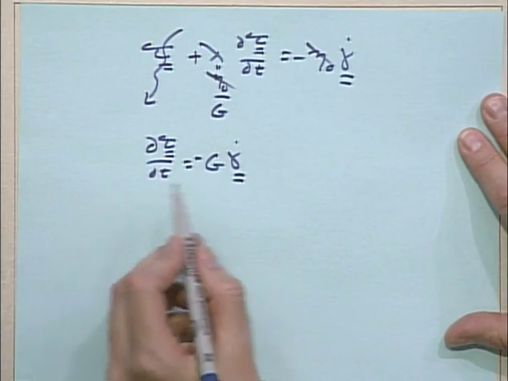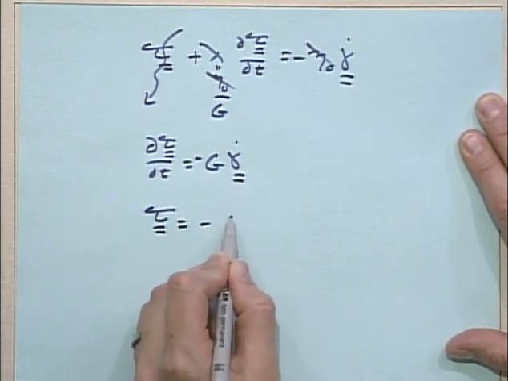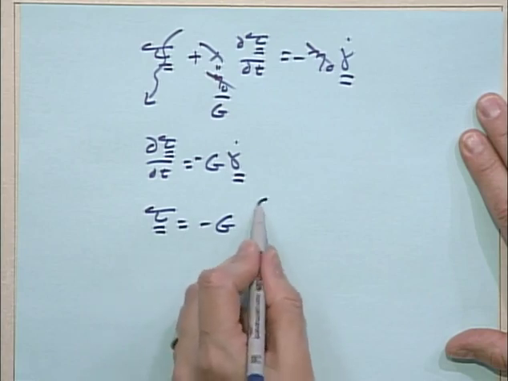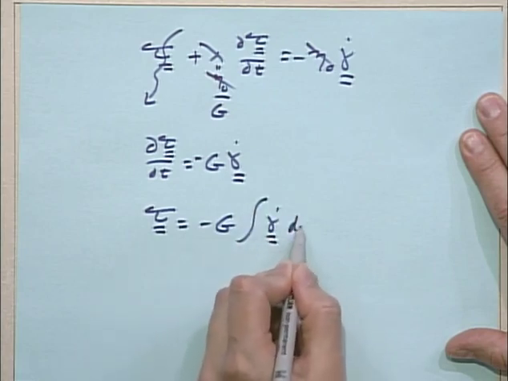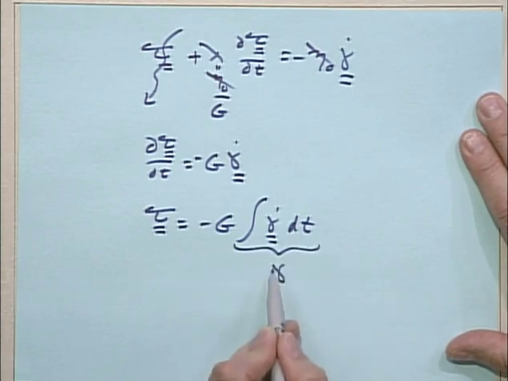If I then integrate it with respect to time, I get that tau is equal to minus g, the integral of gamma dot with respect to t. And this gives the strain tensor.